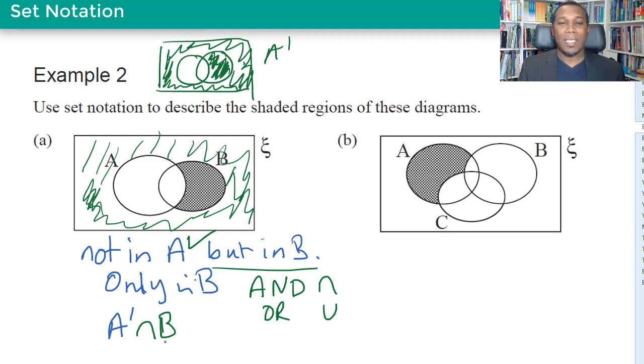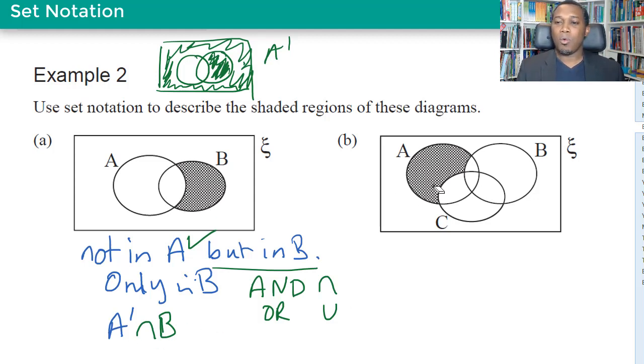A prime intersection B. That is the region that is shaded. The A prime, I showed that at the top, but then we're cutting out the bit around, because the bit that's not in either A or B has to be cut out, because we only want what's in B. So it has to be and it is in B. It's not in A and it is in B. A complement intersection B.